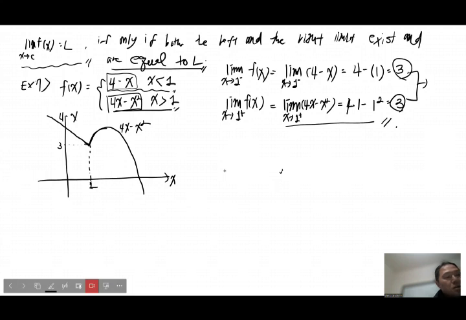Let's take a look at example 9 to understand how the limit is used to justify calculus, especially the derivative. We will have a chance to look more closely at the definitions of derivative and integral in the future. But let me quickly show you example 9 to describe the basic concept of calculus based on the limit. So example number 9.